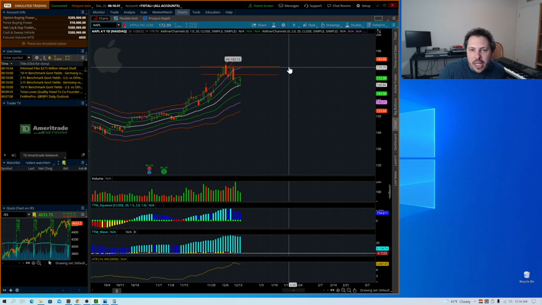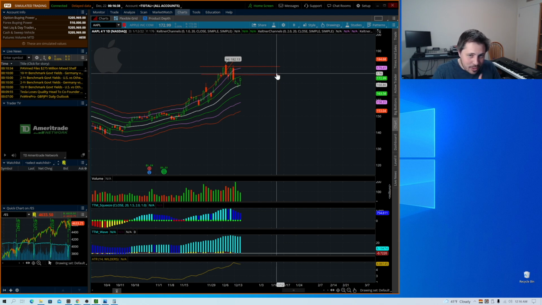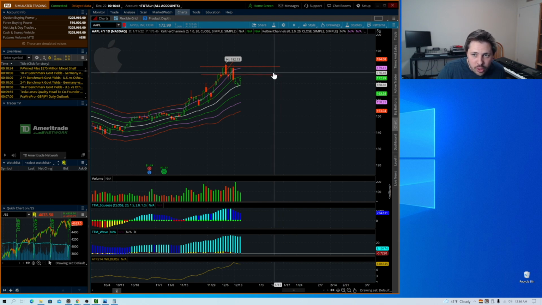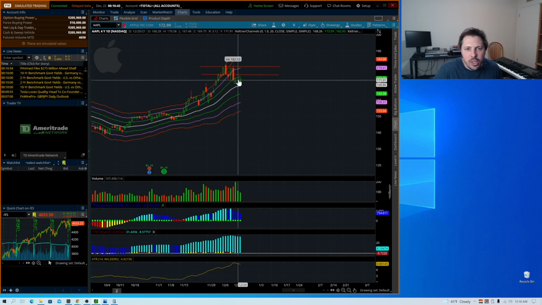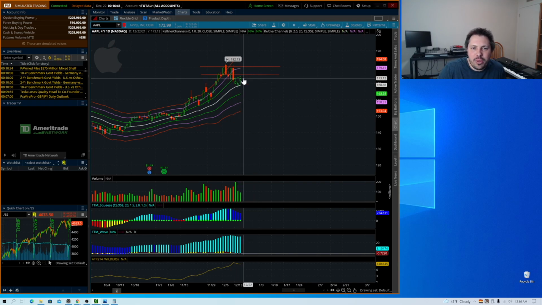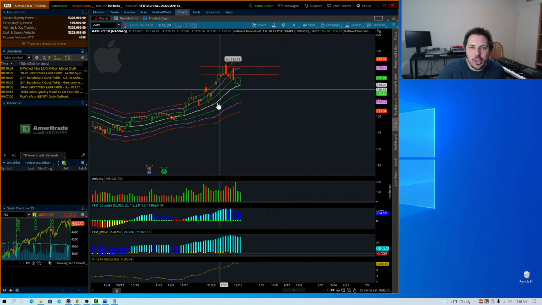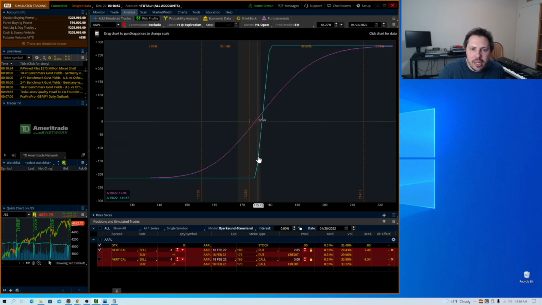So think about this. If we're short the 180 put and we're long the 175 put, well, if Apple goes down and both of these are in the money, then we're going to lose the maximum amount on this spread, which would be $215. If Apple stays below here, we're going to lose that $215, and that's fine.